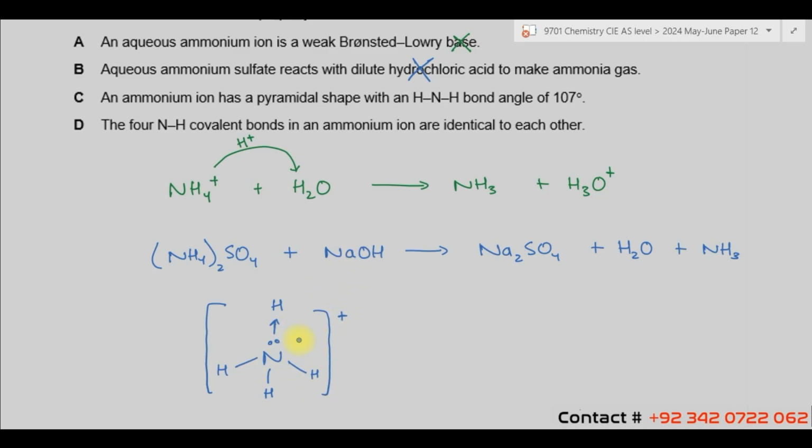As it is tetrahedral, all 4 bonds are the same, so the bond angle should be 109.5. This is tetrahedral, it is not pyramidal, and the bond angle is not 107. The 4 nitrogen-hydrogen covalent bonds in ammonium ion are identical to each other. We can see we have covalent bonds, we have a coordinate covalent bond, and they are the same. So D is the correct answer.